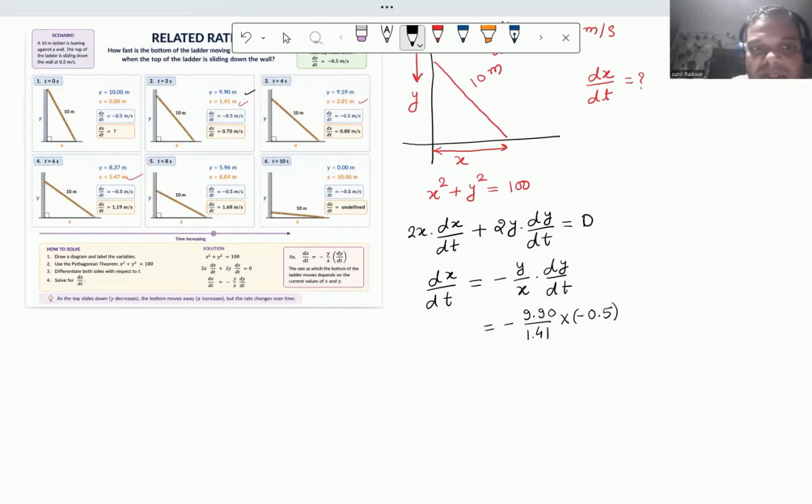Just put these values in the calculator. You will get dx over dt equal to 0.70 meter per second. So this is your answer.